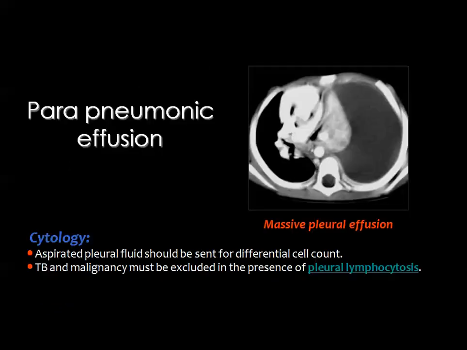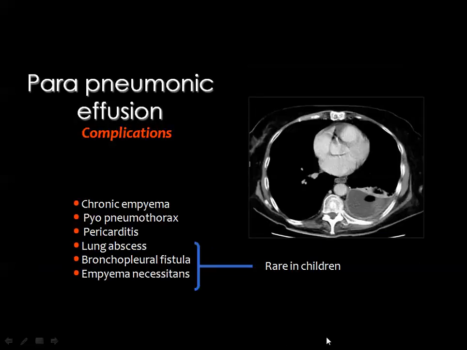Then the aspirate of the pleural fluid may contain lymphocytes, and in this situation you may think of the presence of TB, and you should also exclude the possibility of an underlying malignancy. This is a parapneumonic effusion which is compressing and collapsing the left lung with a shift of the mediastinum to the opposite side.